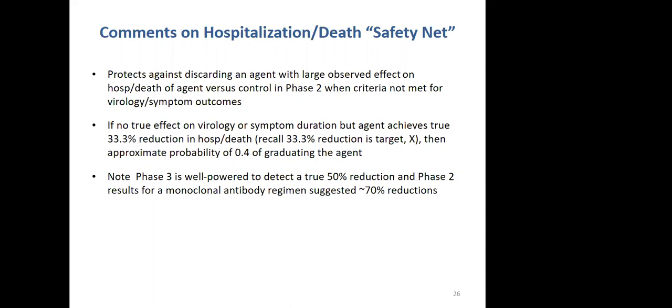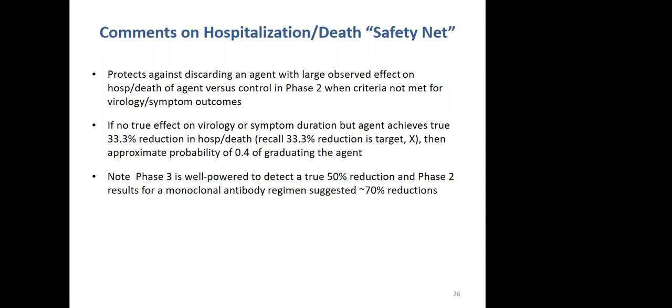So we wanted to avoid the situation where we were seeing no effect on the virology or the symptoms, or very minor effects, but we actually were seeing some evidence of an effect on hospitalization or death. It'd be very embarrassing to kill off a product and not graduate it in that sort of situation.